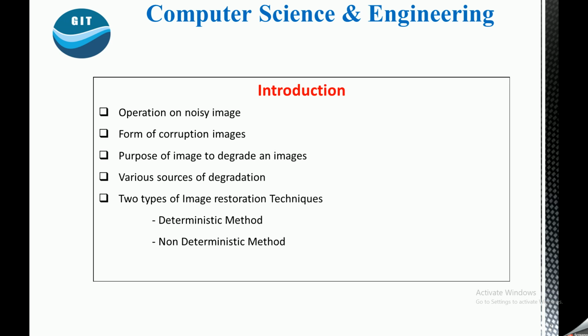The classification of image distortion techniques is of two types. The first one is deterministic methods, and the second one is non-deterministic methods. The deterministic methods are also classified into two categories: first is linear methods and second is non-linear methods. In the deterministic method, we have prior knowledge about the degradation of the image.